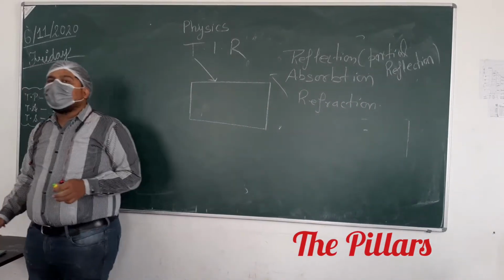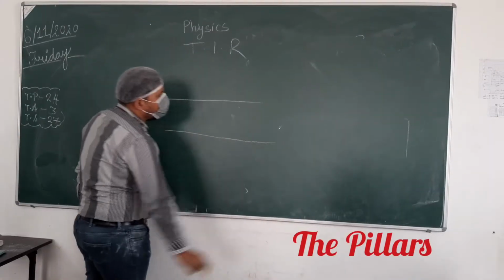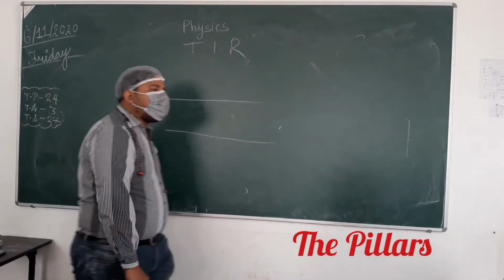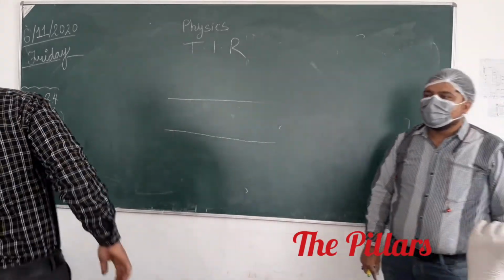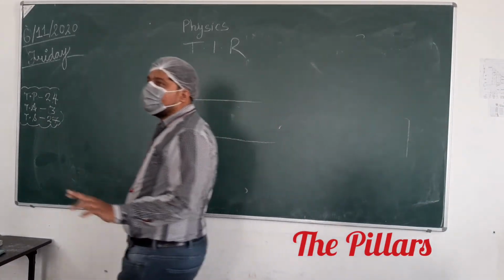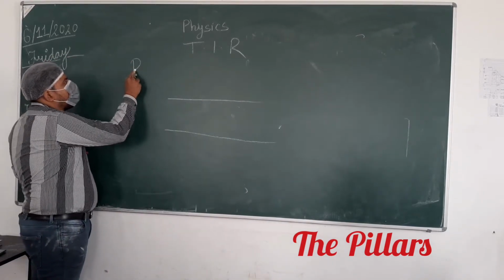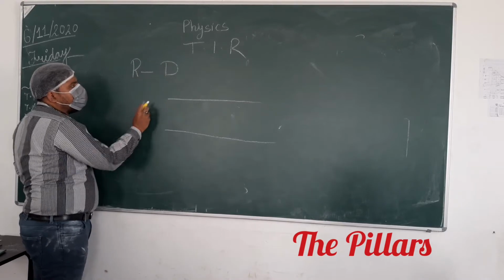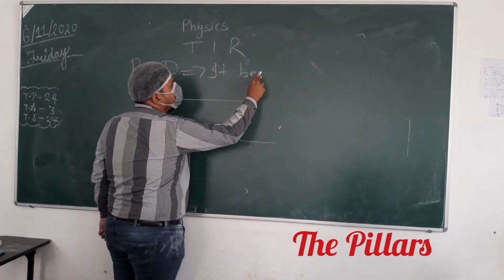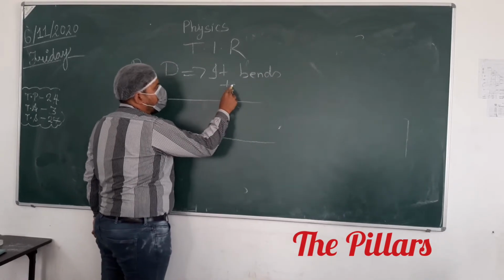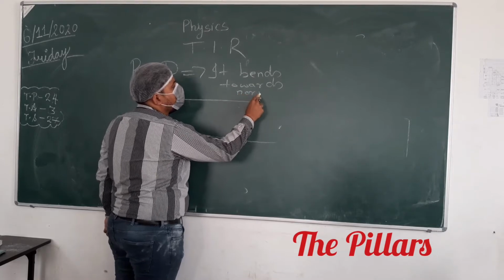Now let us understand total internal reflection. If light enters from rarer to denser, what is going to happen? It will bend towards the normal. So when light enters from rarer to denser, you can write, it bends towards the normal.